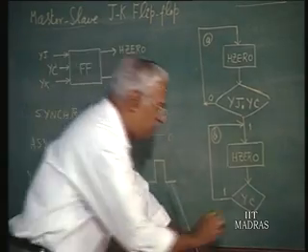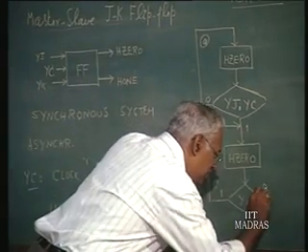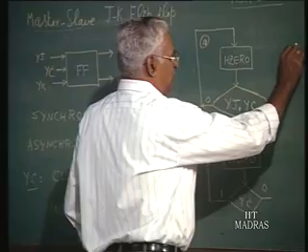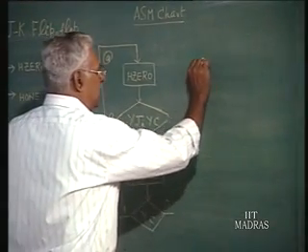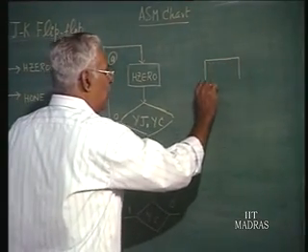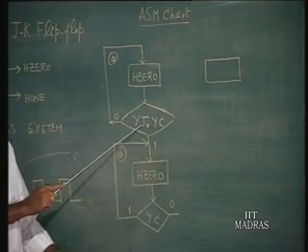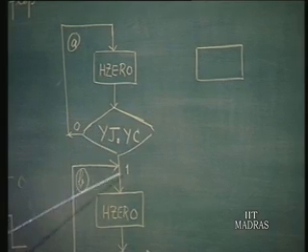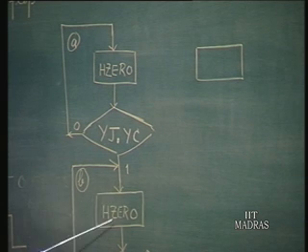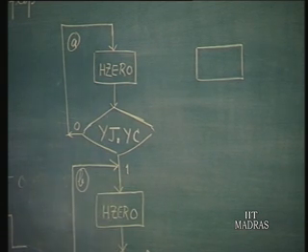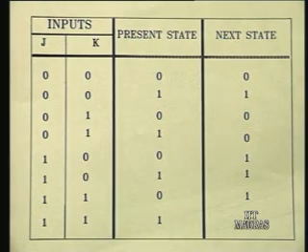Now, when Yc becomes 0, then we say there is a state change, and now there will be an output change also, mainly because we have said when Yj becomes 1, the present state 0 should become next state 1, right. Let us go back to the chart and take a look, confirm that again.